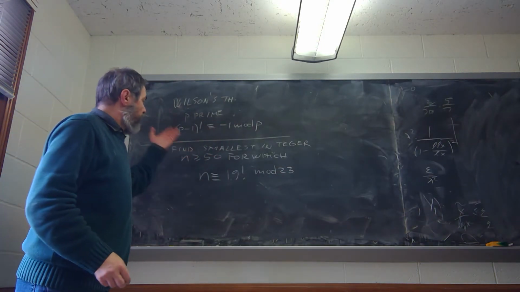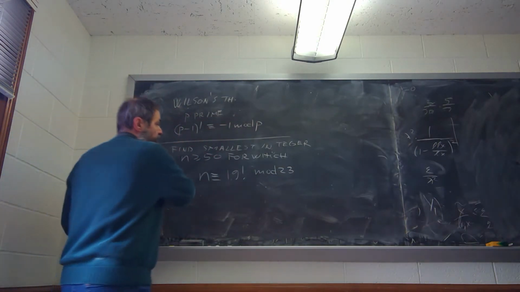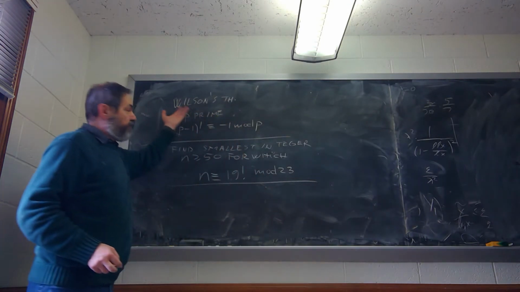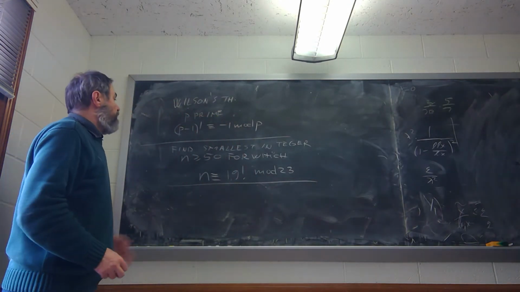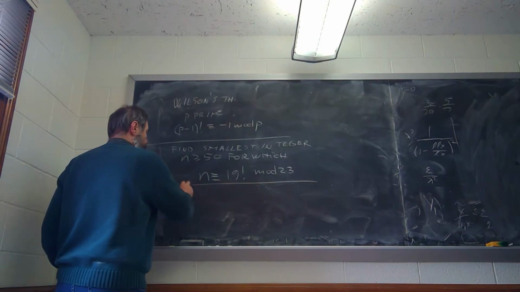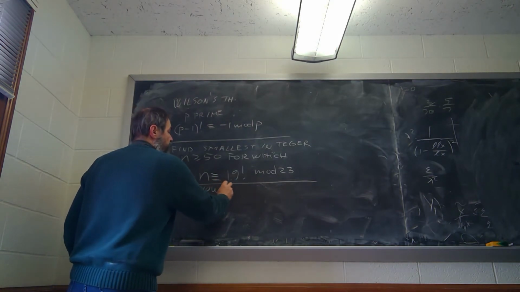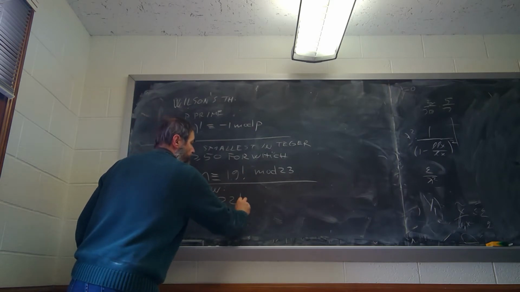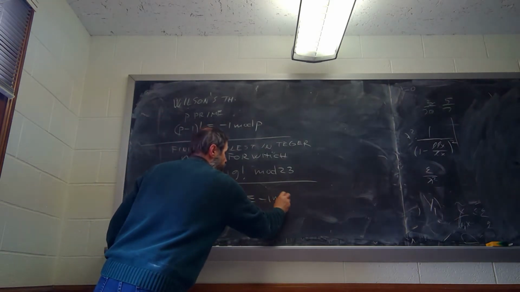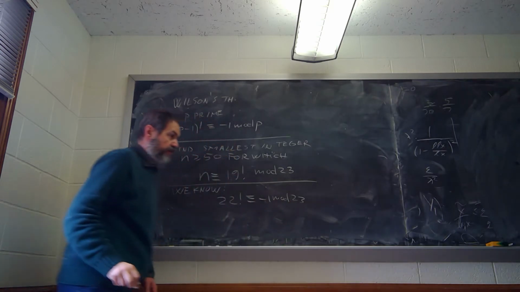23 is a prime. We are tempted to immediately use Wilson's theorem. In this case, we know that 22 factorial is congruent to minus 1 mod 23.